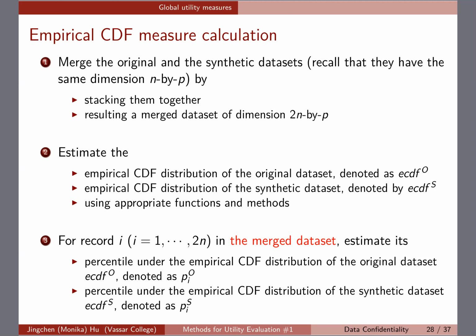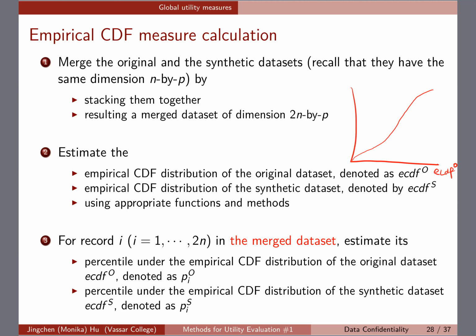You can think of the empirical CDF as a function, and typically, it's a CDF, so it's not decreasing. Let's just say this is ECDFO, the ECDF from the original.